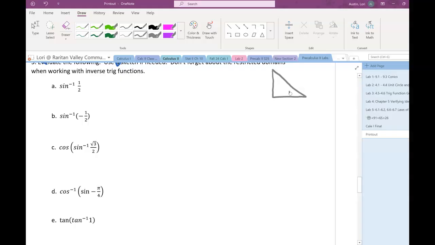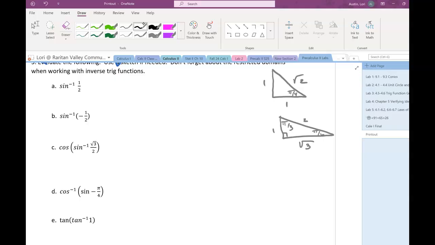Your pi over 4 ratios and your pi over 6, pi over 3 triangle. So 1 is the smallest side, the smallest angle is actually pi over 6. This is pi over 3. It is incredibly helpful to you to have those two triangles drawn out for you.